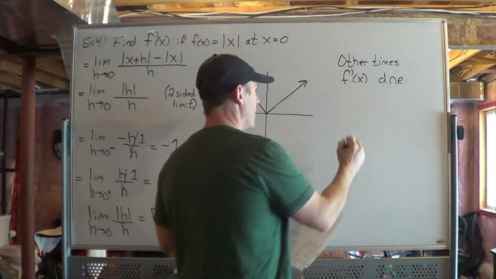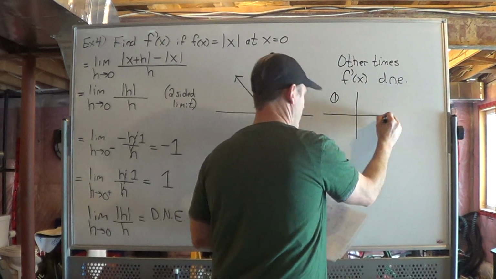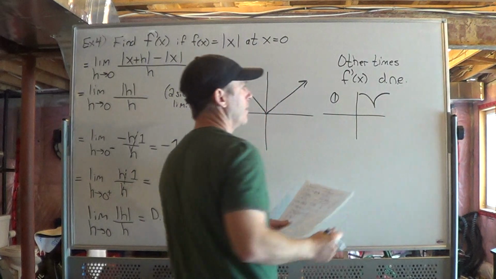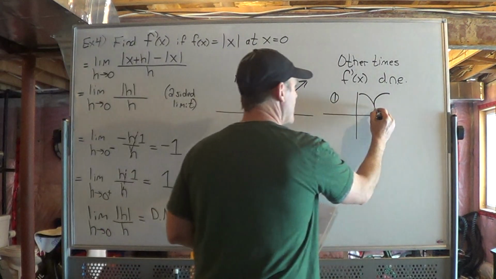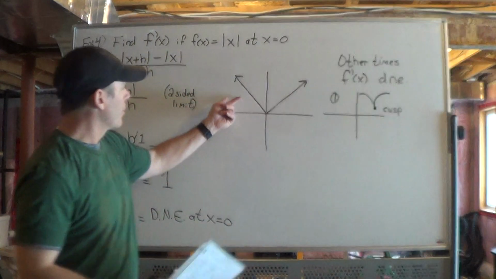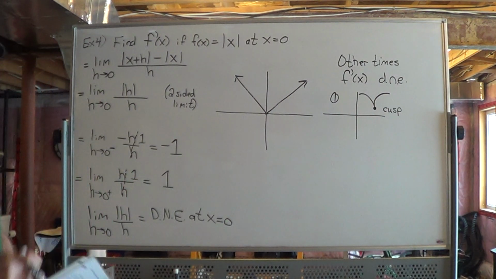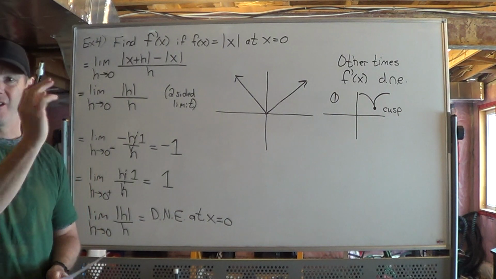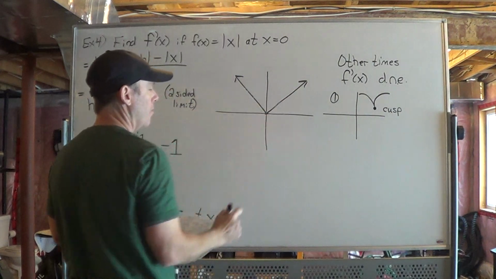You get something like this, number 1. It's always when there's something funny happening. You can get kind of a funny looking V or something like that, or upside down. And at this point, that's called a cusp. So it's similar to our absolute value, it's just there's a curve instead of straight lines. But again, you can't find the slope of the tangent at that one point because there's no slope there. You can't determine one single slope.